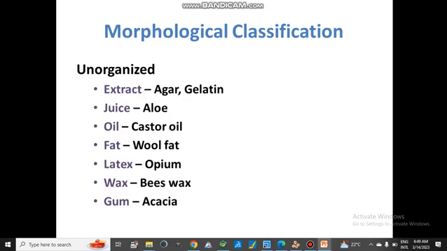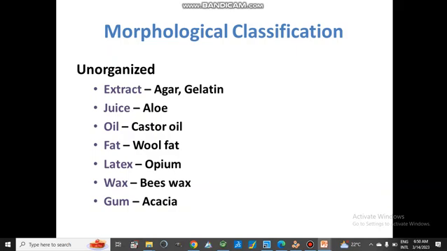And the unorganized category, in unorganized category, the drugs can be obtained in the form of extract from whole plant like agar, from algae. So agar and gelatin. From juice, like we can take an example of aloe vera.